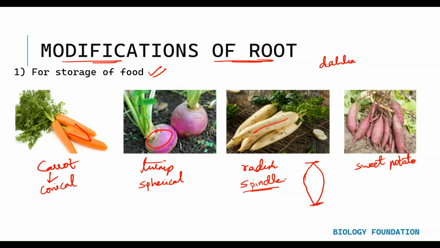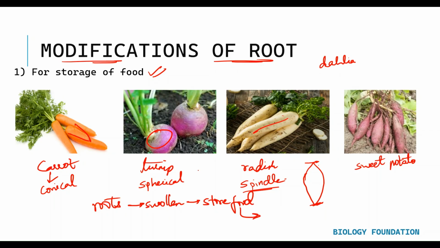Now, all these are roots. What actually happens in these plants is the roots are swollen, they are very fat. Why? Because they store food. Food is stored in the roots, and since there is accumulation of food in the roots, the roots are swollen. What happens to the food?